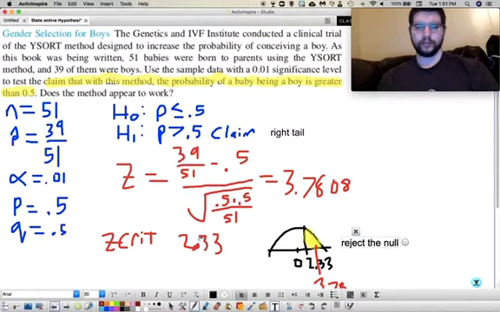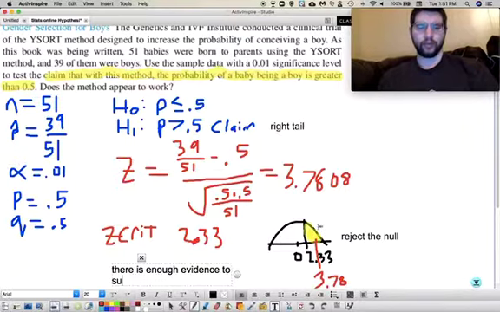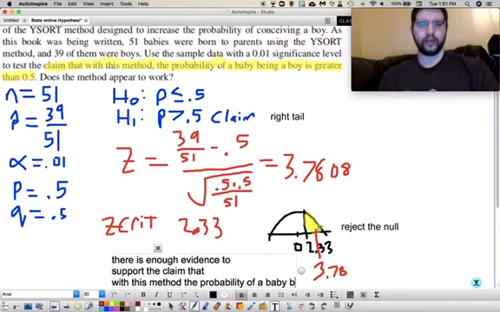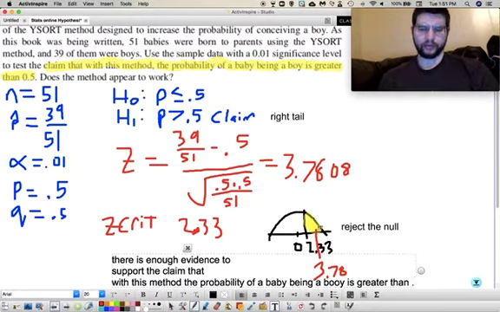Now we can write our conclusion. The claim is in the alternative, and we rejected the null. So our conclusion would be there is enough evidence to support the claim that with this method, the probability of a baby being a boy is greater than 0.5.